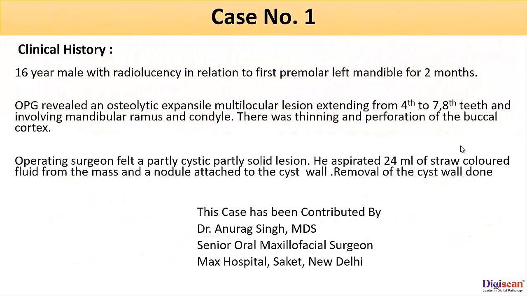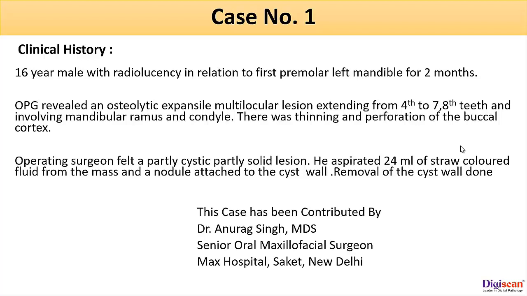Case number 1. This is a 16-year-old male with radiolucency in relation to the first premolar of the left mandible for 2 months. OPG revealed an osteolytic expansile multilocular lesion extending from the fourth to eighth region of teeth and involving the mandibular ramus and condyle.